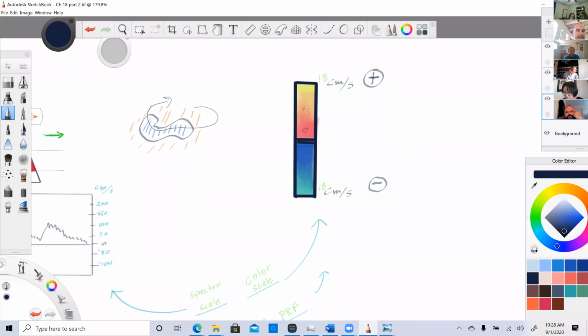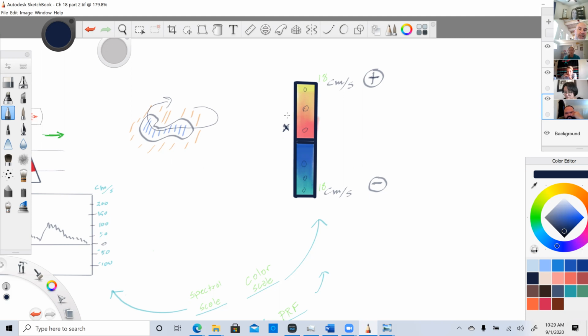Then there were some greenish yellows and more yellow, and then light blues, aqua blues, and then into dark blues. On this scale, the flow started out about here. Average flow was in a deep red color.